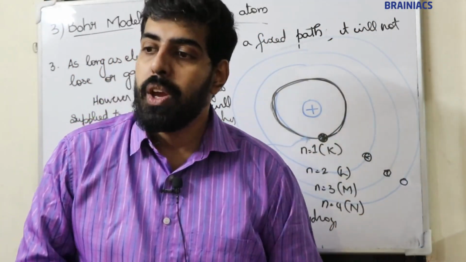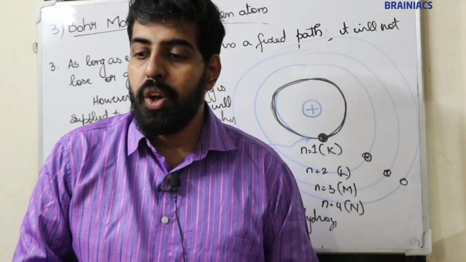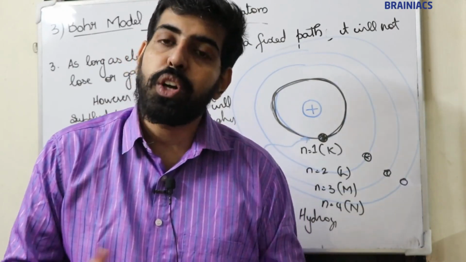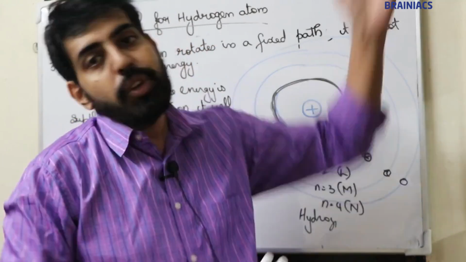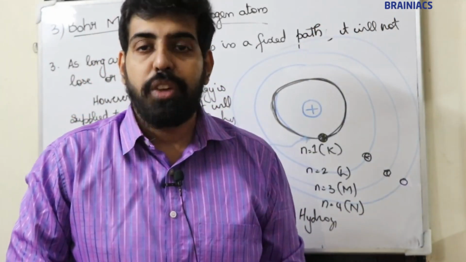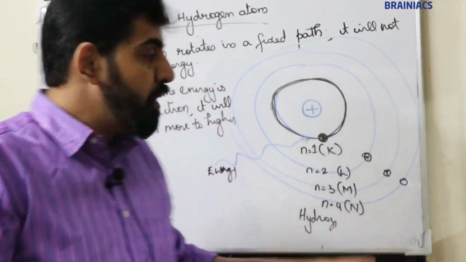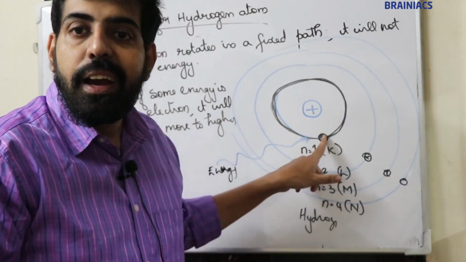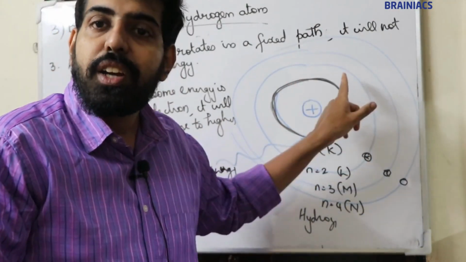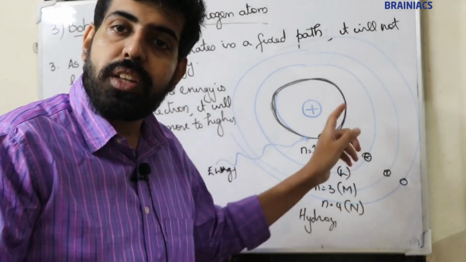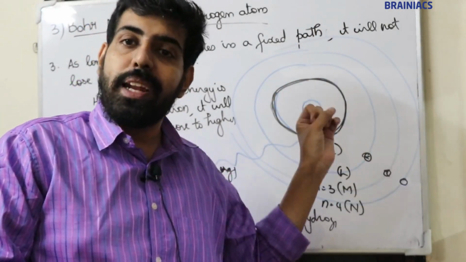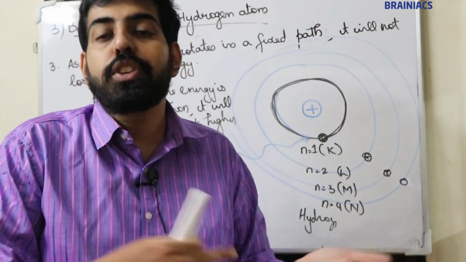For example, if you want to go to Goa, without money you cannot go to Goa, right? Same here. Here, the electron is simply rotating, so when an electron is rotating, it will not lose or gain energy. You cannot simply go to Goa without money.